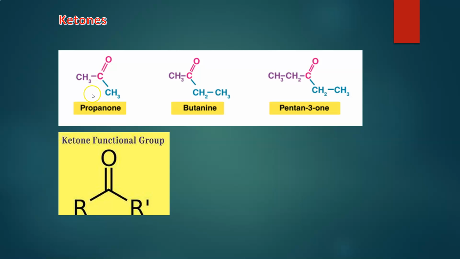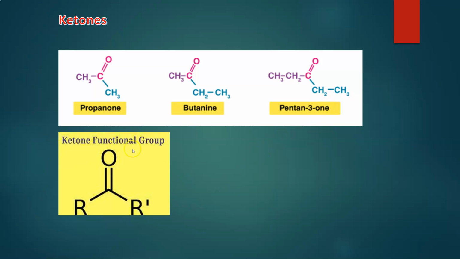Here you have propanone, "prop" because of three atoms of carbon, "one" because it's a ketone. Butanone, here is a mistake, butanone, because you have 4 atoms of carbon. And here you have pentan-3-one, because the carbonyl group is on carbon 3, and "one" because it's a ketone.